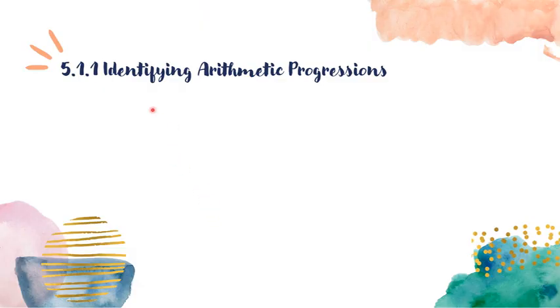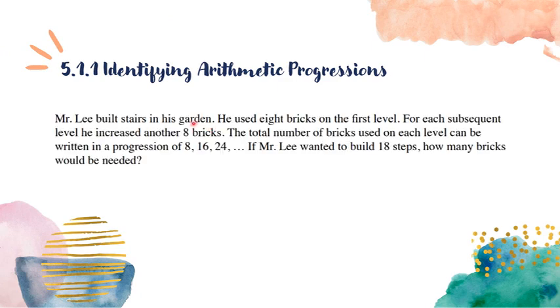5.1.1 Identifying arithmetic progression. Consider this situation. Mr. Lee built stairs in his garden. He used 8 bricks on the first level. For each subsequent level, he increased another 8 bricks, untuk level yang seterusnya.